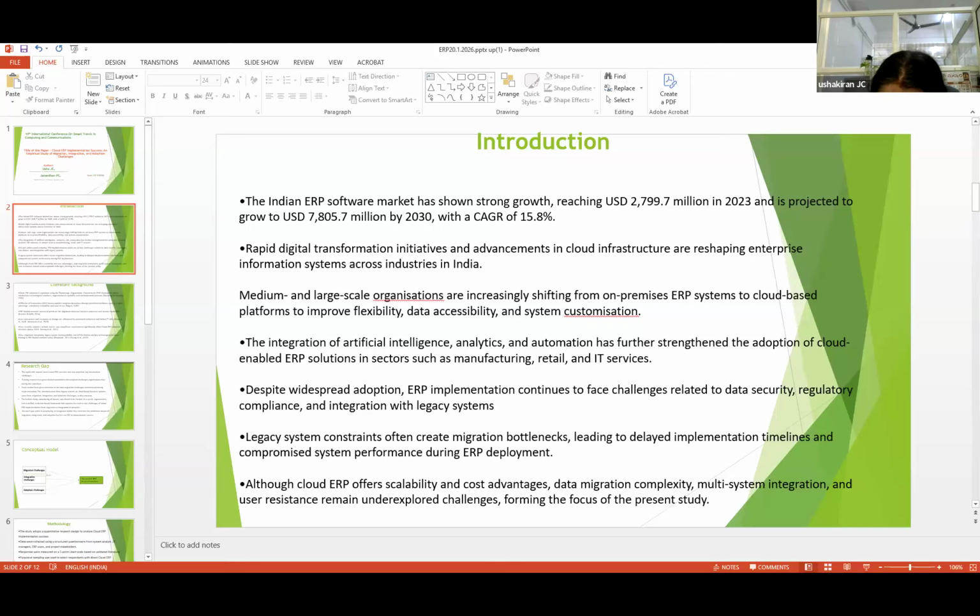However, despite these advantages, ERP implementations continue to face serious problems related to migration, integration, and user adoption.